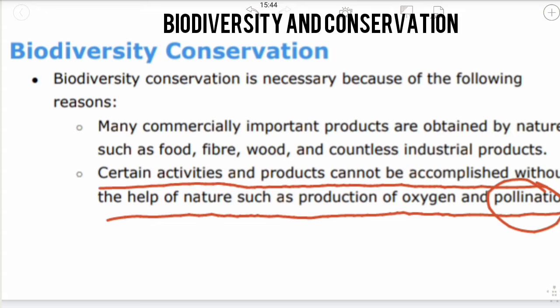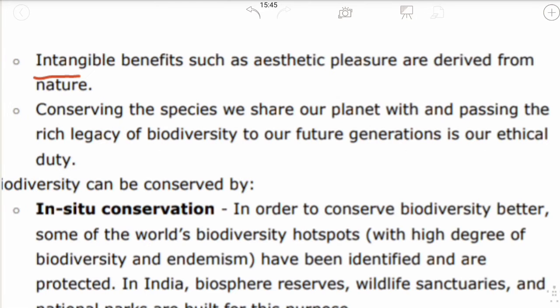So you cannot get these products through industries. You compulsorily need the help of nature for the production of oxygen. Oxygen is very necessary for the survival of life, which we get from nature and which is impossible to get from industry.